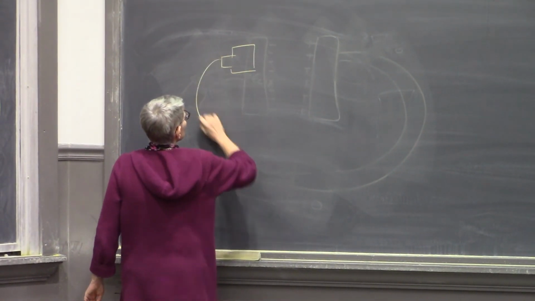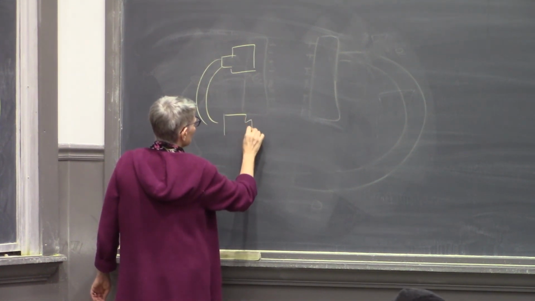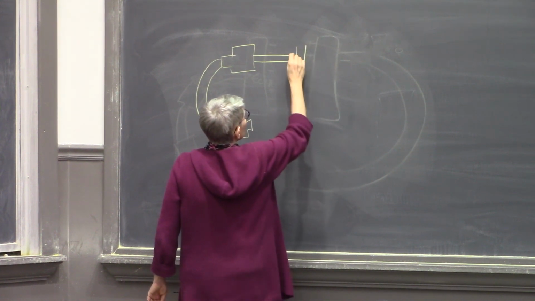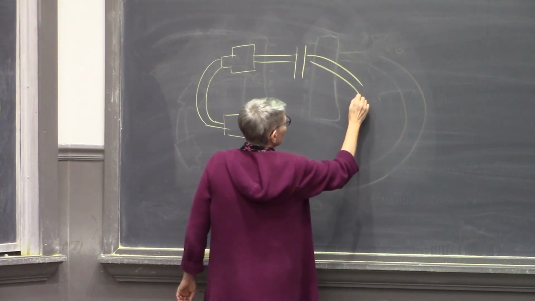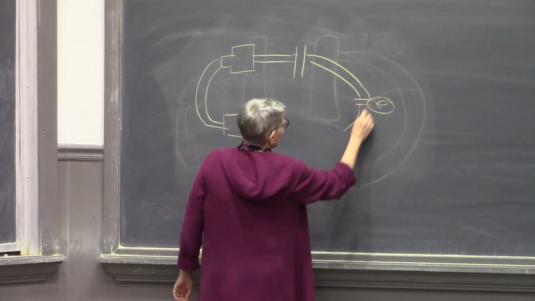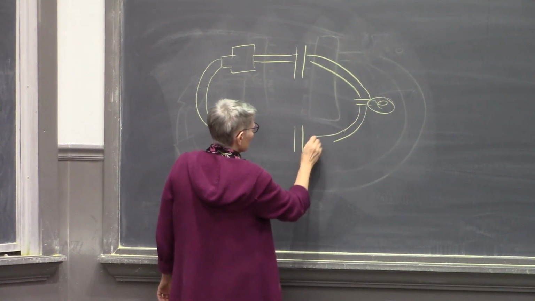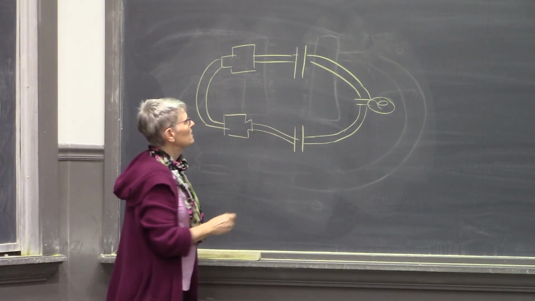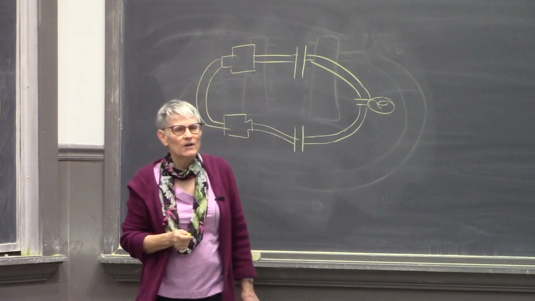But here's an interesting circuit to build. So we put a capacitor here. We put another capacitor here, so we put 2 capacitors in the circuit. And the question is, is the light bulb going to light or not?